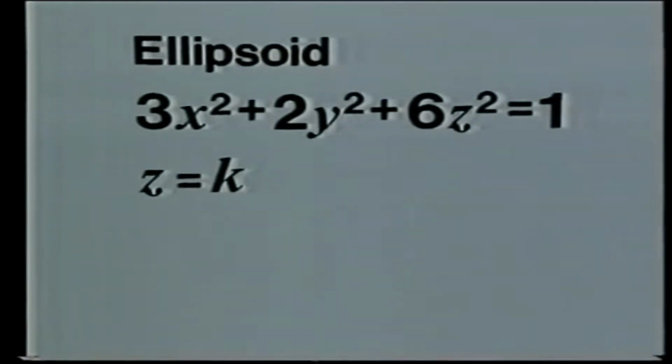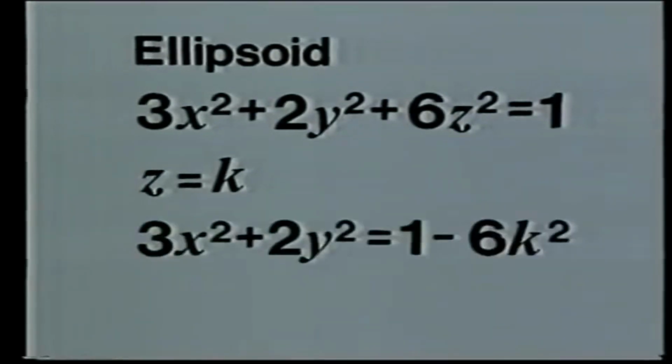Now, we can rewrite the equation, and it has this form. Now, for a very large k on the right-hand side, we'll have a negative right-hand side, and the left-hand side is always positive, so that's just nonsense. But for moderate values of k, when the right-hand side is positive, then you'll recognize that this is the expression for an ellipse. So slicing by a plane parallel to the xy plane gives us an elliptical section.